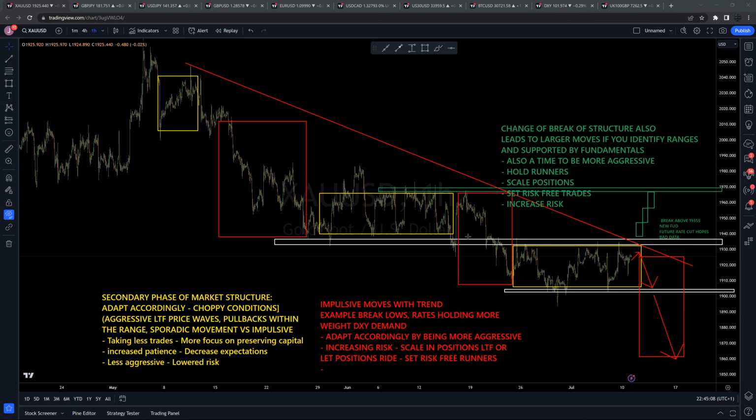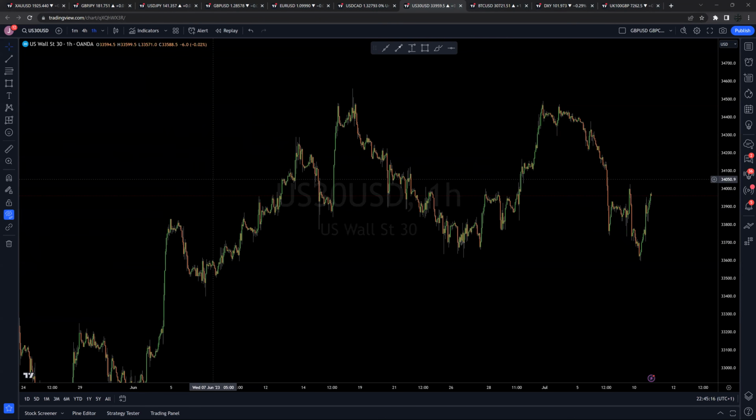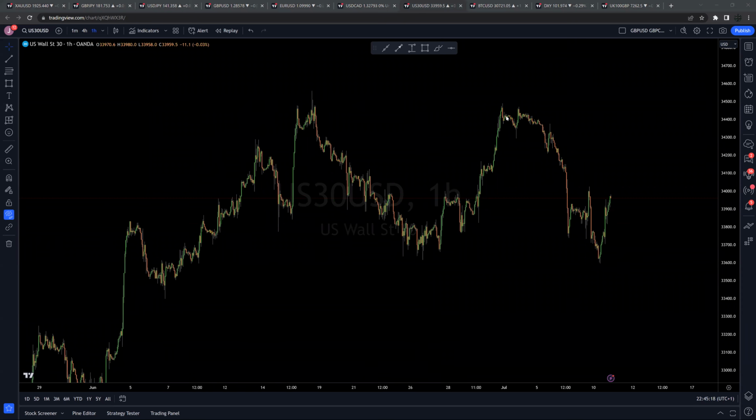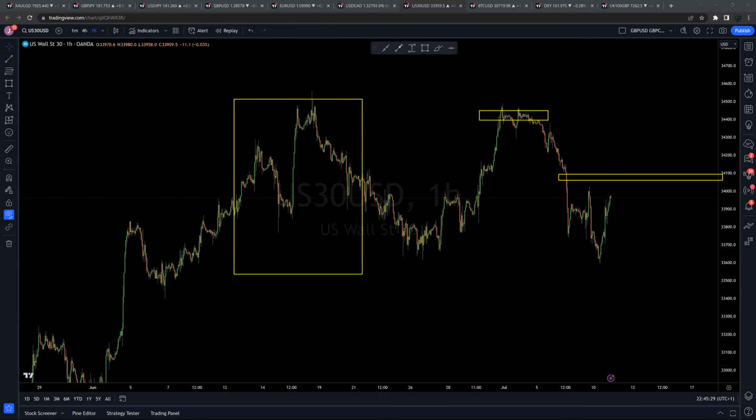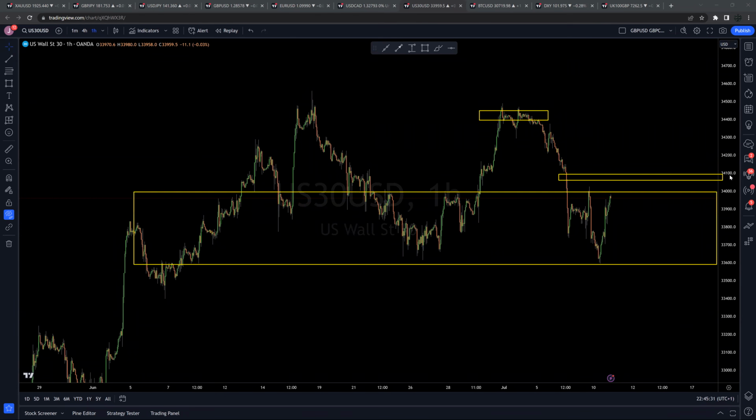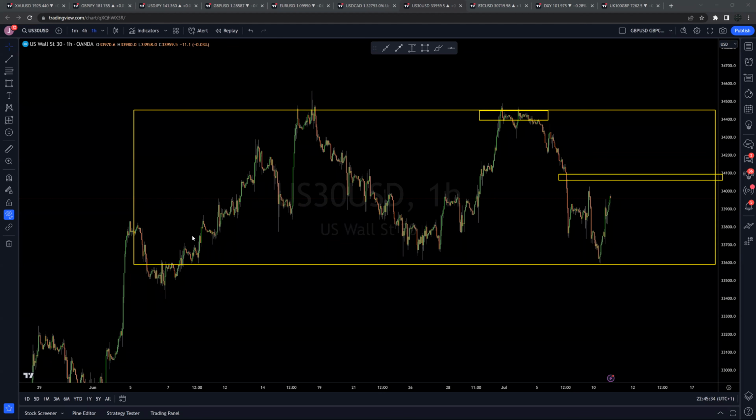So this isn't just on something like gold. For the example on US 30, when we're just looking at the intraday here, I took shorts here and I'm in those sells, but I'm starting to lose confidence in those sells if we start to correct and not hold below this 34K price point, because overall on the intraday, we can clearly see this general range we have been in since not just July, but the start of June, right?